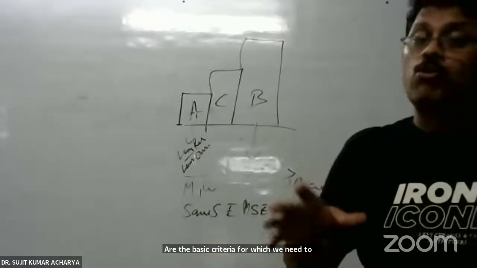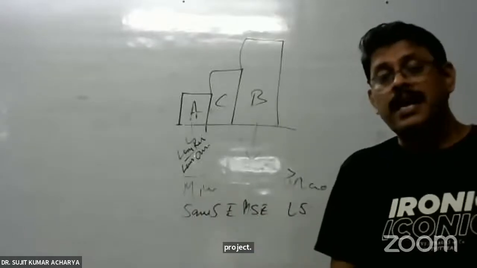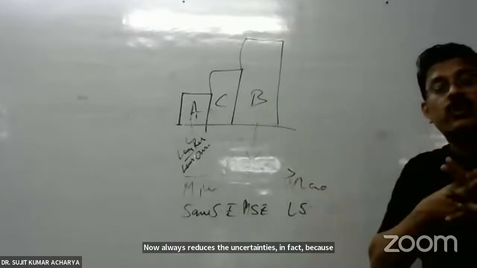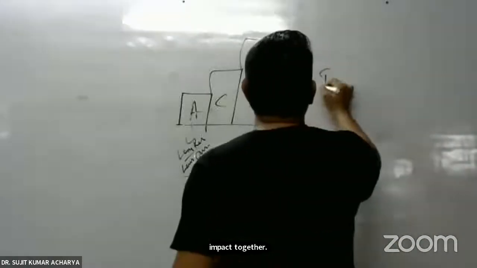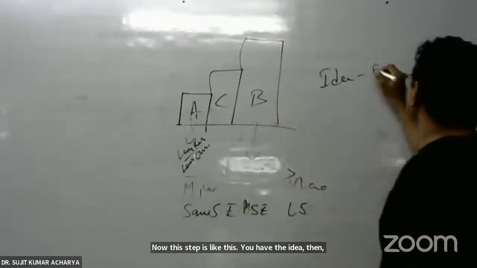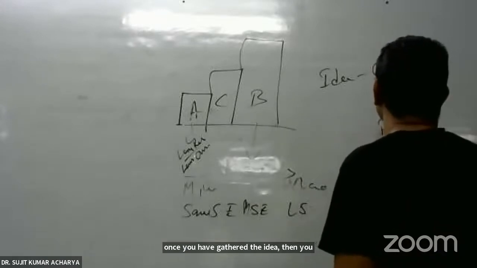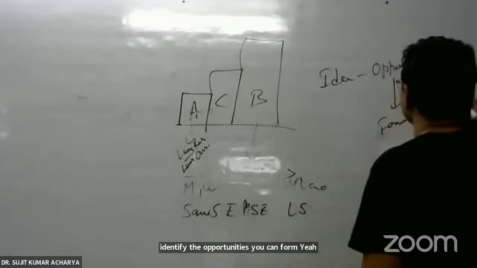Now, project always reduces the uncertainties, in fact, because the opportunity and project formulation always go together. Now, this step is like this. You should have the idea. Then once you have gathered the idea, you need to identify the opportunities. Then you can form the project.